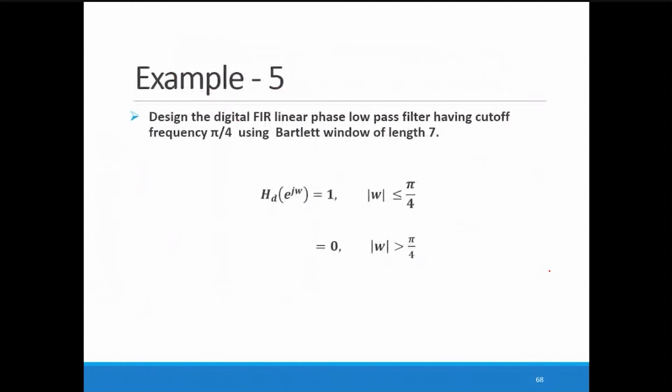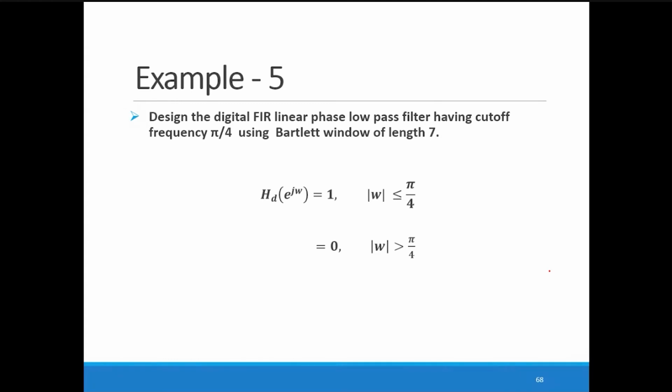So the next example is this one. Please note down this example and try to solve. In this example, you have to calculate up to h(n) only. Design the digital FIR linear phase low pass filter having cutoff frequency pi by 4 using a Bartlett window of length 7. This is your example 4.